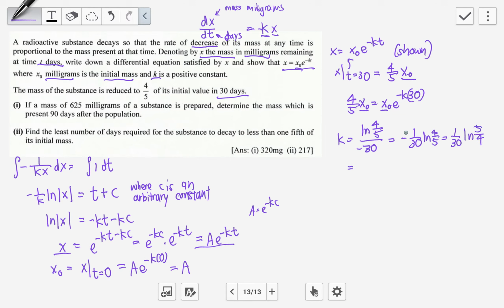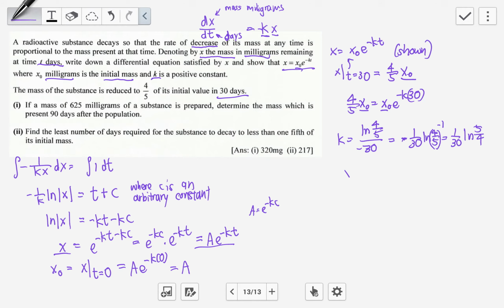Because the minus 1 can be brought up and it becomes the power. Anything to the power of minus 1, you just flip the denominator to the numerator and vice versa. So then we have this equation.